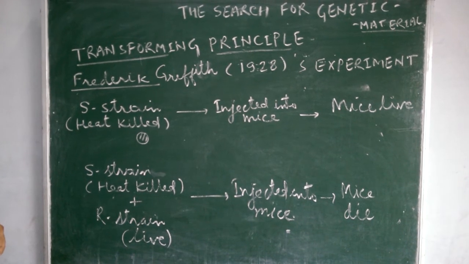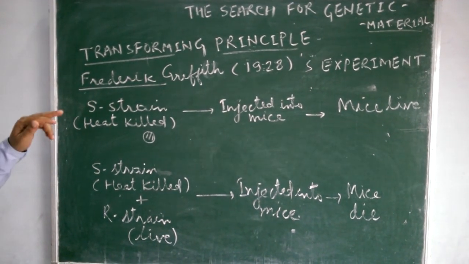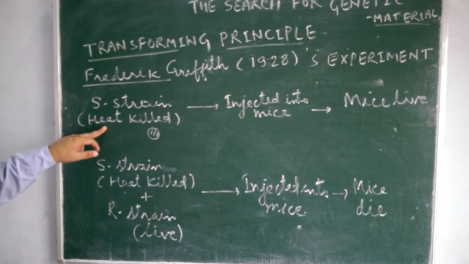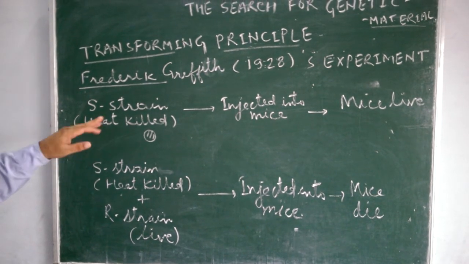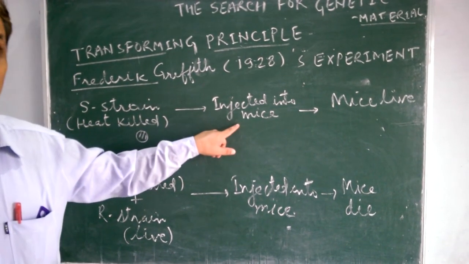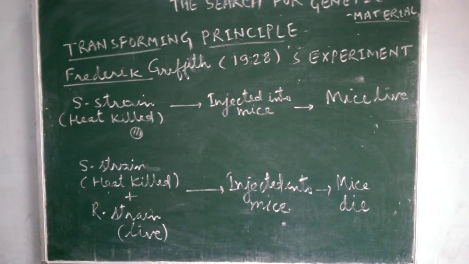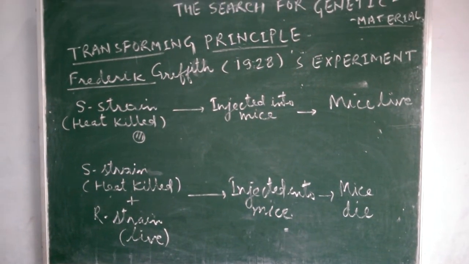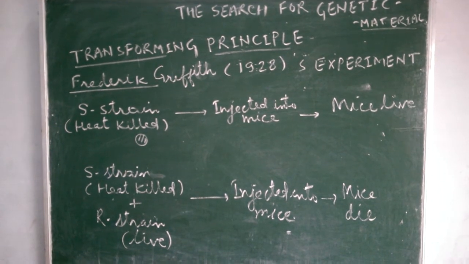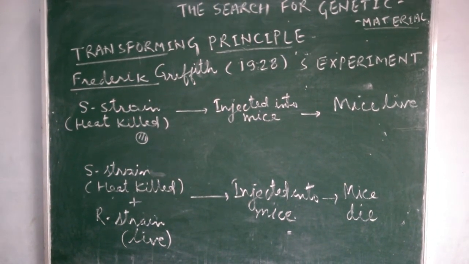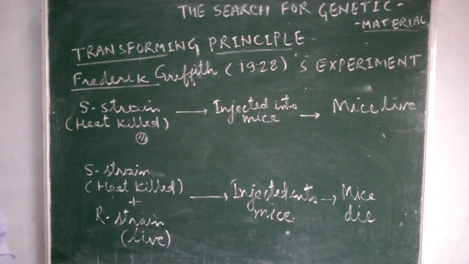So he took the extract of those heat-killed S strain bacteria and injected it into mice. This time he observed that the mice survived. It means the heat-killed S strain bacteria were not able to cause pneumonia in mice.